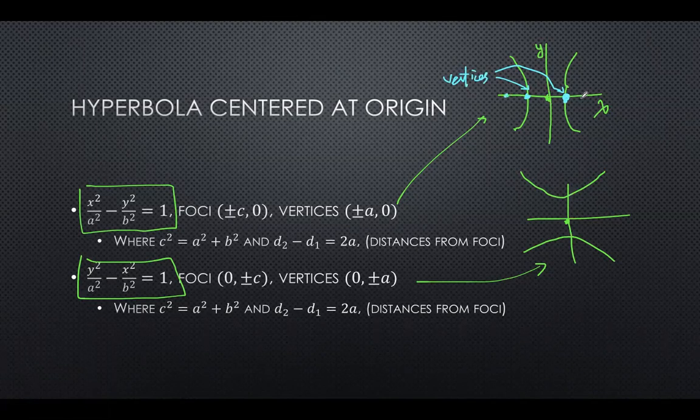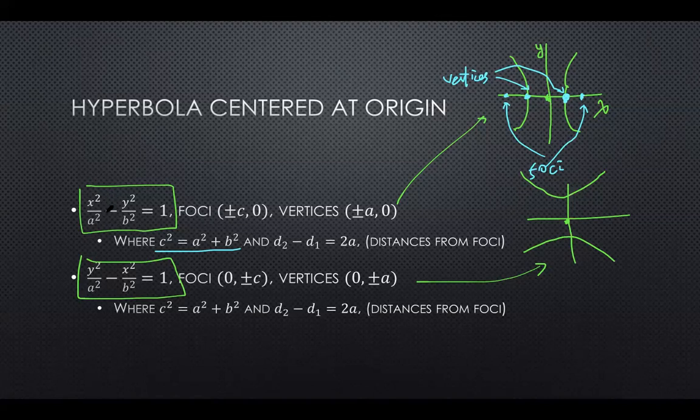And the foci are the 2 points further from the vertices. In order to find the foci, c squared is equal to a squared plus b squared, instead of minus b squared as in the case for ellipse.